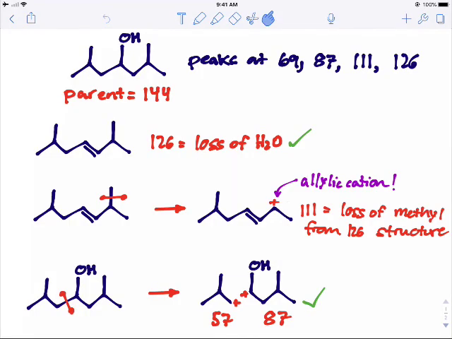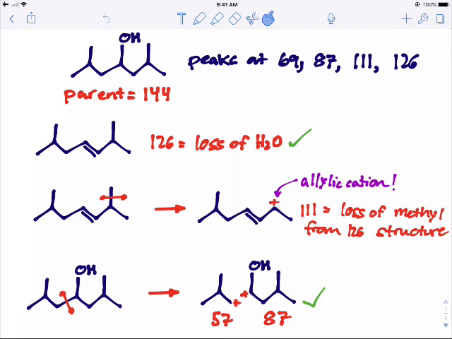Here are the answers to the practice problem, where I gave you 2,6-dimethyl-4-heptanol, and I wanted you to explain the formation of the peaks at 69, 87, 111, and 126. Hopefully where you started was to figure out what the parent ion was.